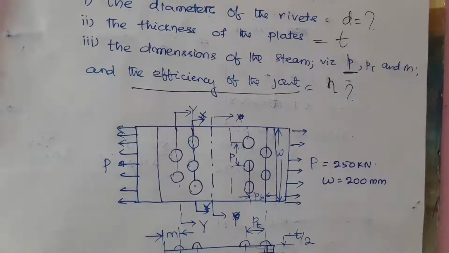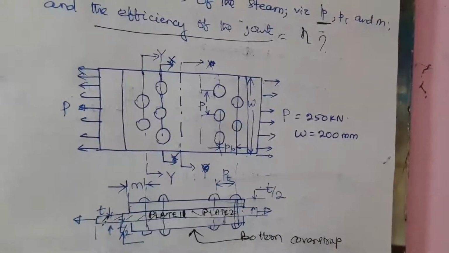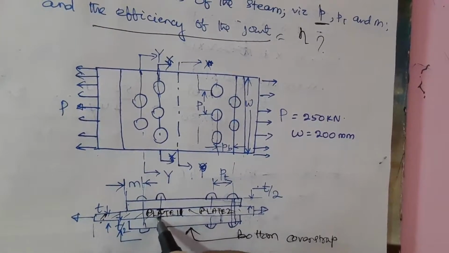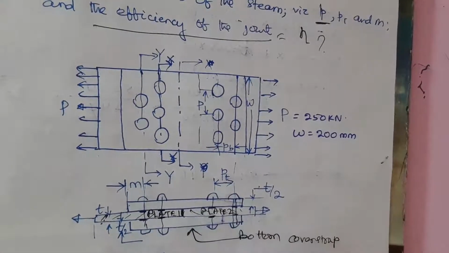Since this is a butt joint, these rivets are in double shear. Each rivet will be in double shear. This is at the location where the shear will be taking place.